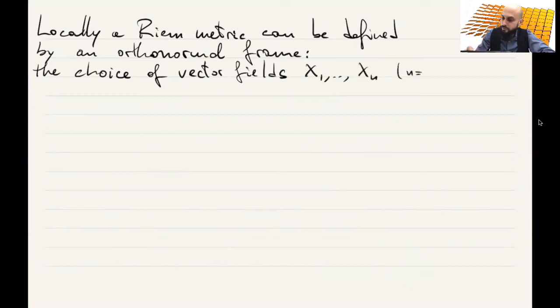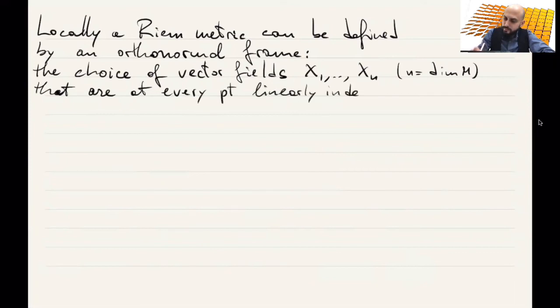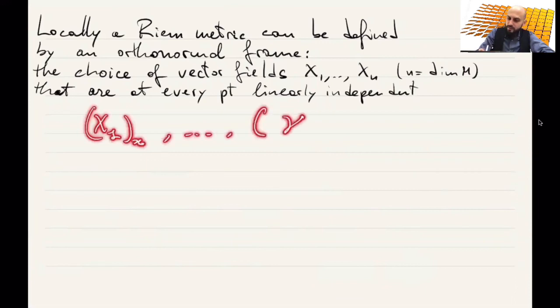Here I recall that n is the dimension of the manifold, that are at every point linearly independent. In other words, x1 evaluated at x up to xn evaluated at x are linearly independent, therefore they form a basis of the tangent space at x.